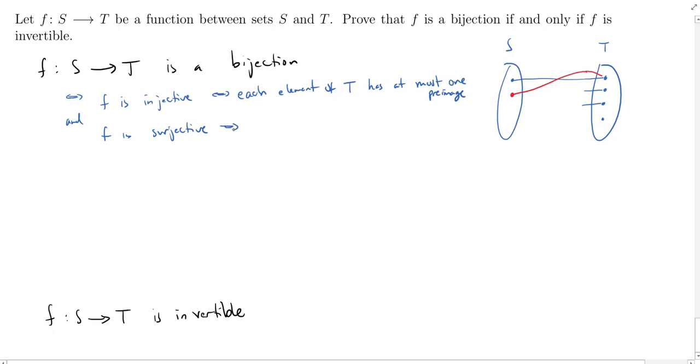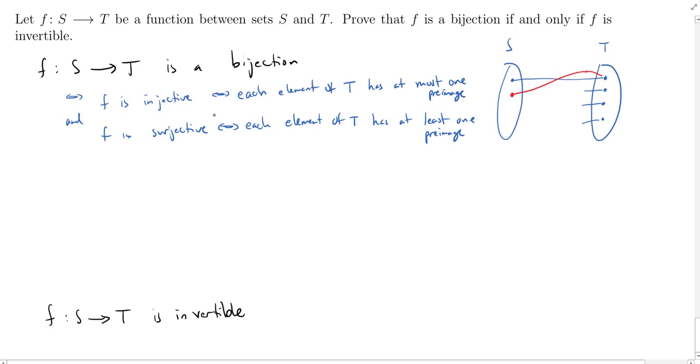How about surjectivity? Surjectivity was saying that every element in the codomain has to have an arrow going into it. You could have more than one, so this red line going in would be okay, but you have to have at least one. So surjectivity means each element of the codomain T has at least one pre-image.